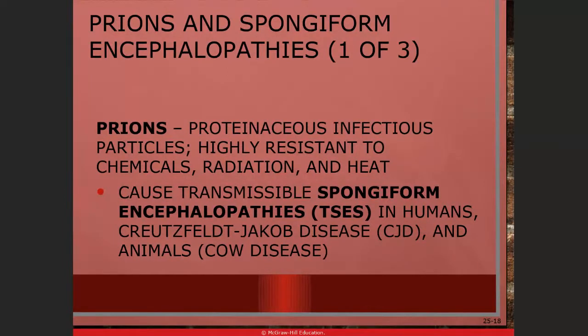Okay, the next one is prions. Remember, prion is not a virus. It is just a protein, okay, a misfolded protein that can cause infection in humans. Mostly the infection is in the brain.